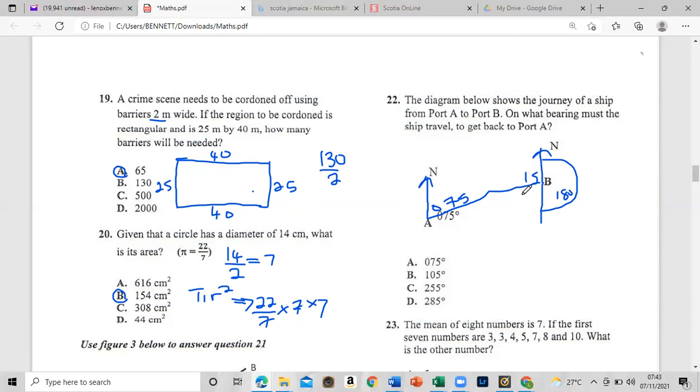So all of this is 180. From here, coming on a 180. So we need to know this angle right here, right?